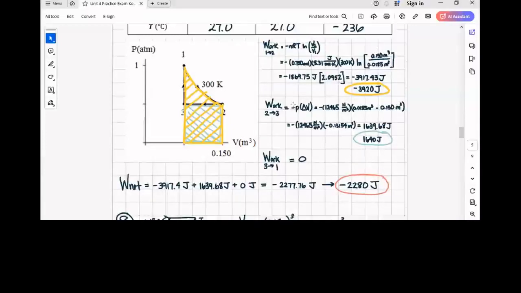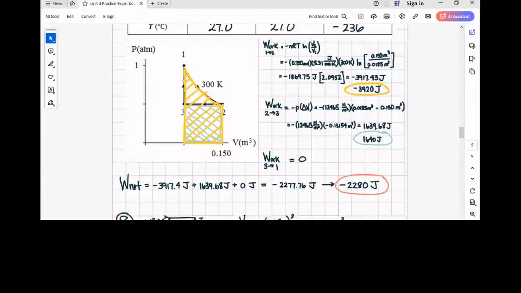That's going to cancel out the negative that is already present at the beginning of this work equation. So I've got 1,640 joules, and it's positive because that work would need to be done on the system in order to make the gas compress, as opposed to the expansion that we saw from state 1 to state 2.